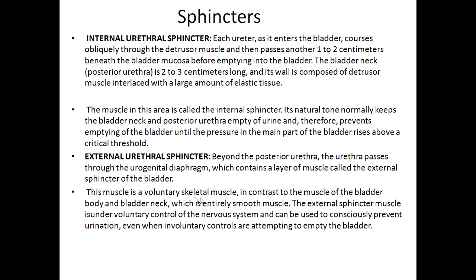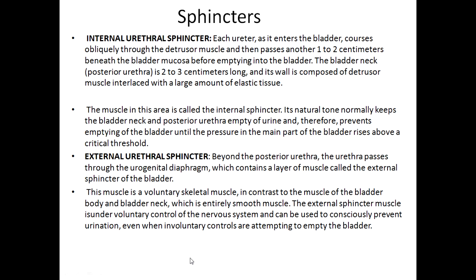So this muscle is a voluntary skeletal muscle, in contrast to the muscle of the bladder body and bladder neck, which is entirely smooth muscle. The external sphincter muscle is under voluntary control of the nervous system and can be used consciously to prevent urination even when involuntary controls attempt to empty the bladder.